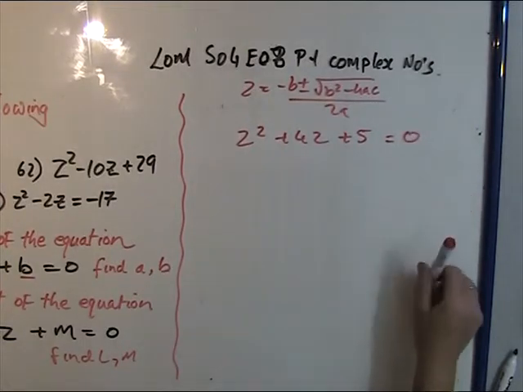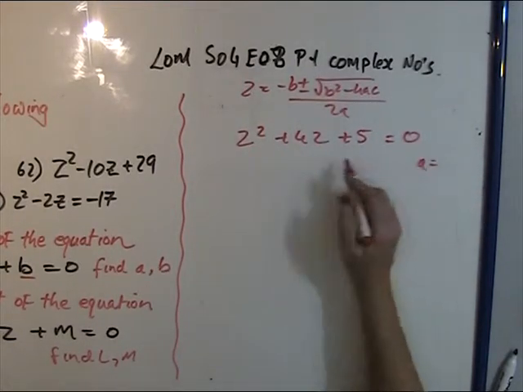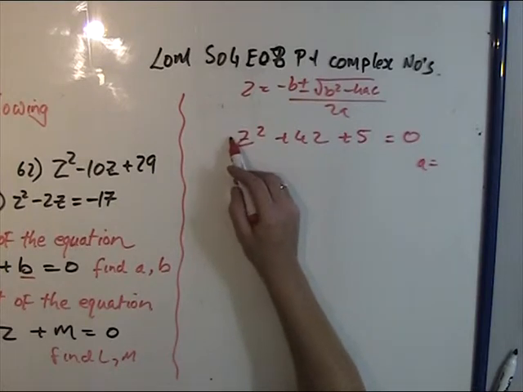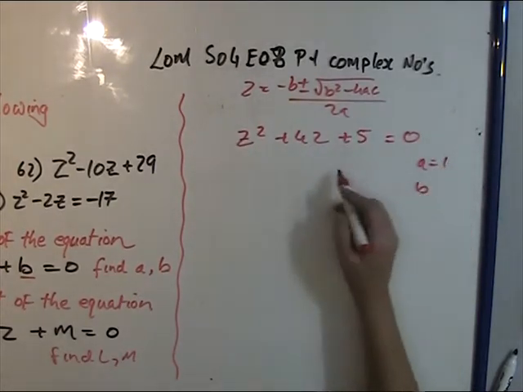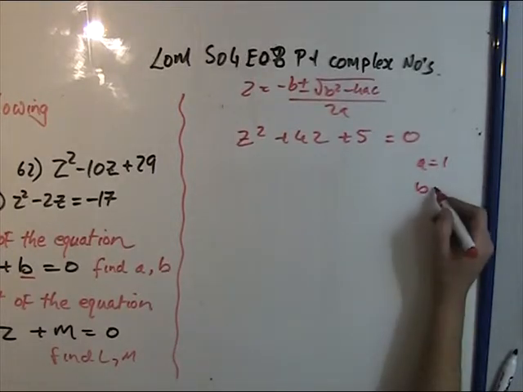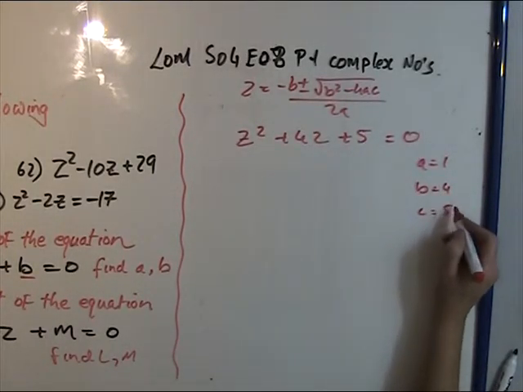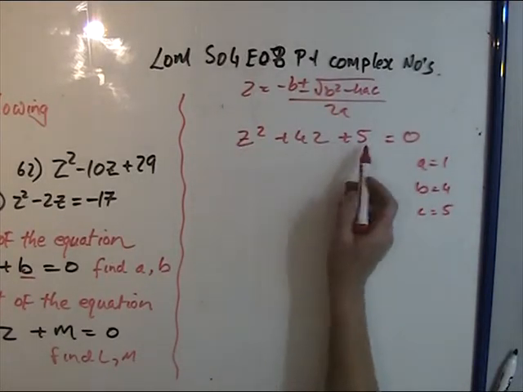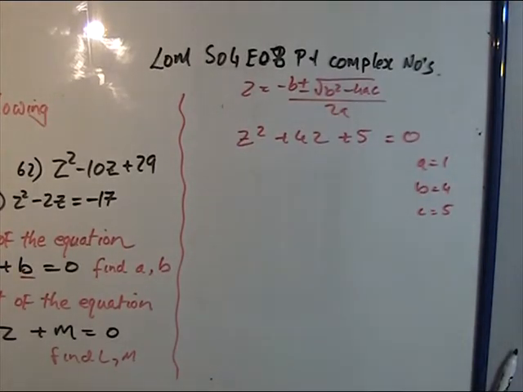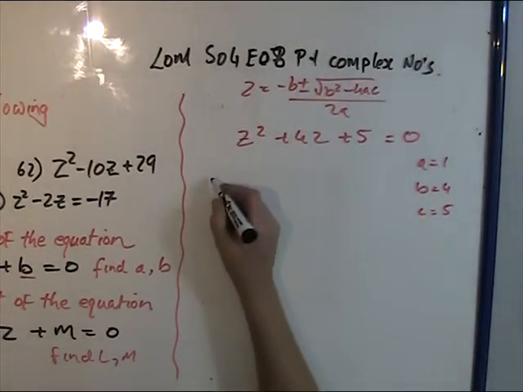Now I'm looking at my points: a is the coefficient of z squared, which is 1, the coefficient of the middle term is 4, and c is equal to 5. So that's the format, a, b, c. So I put my values in.